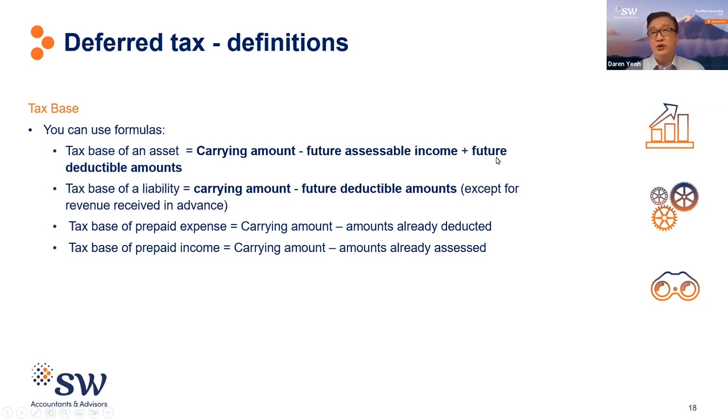And then you add the future deduction that you'll get from those assets. For the tax base of a liability, you start with whatever you have on your trial balance, and then you subtract the future deduction that you're going to get when you pay out that liability. You can also see the formulas for prepaid expenses and prepaid income.